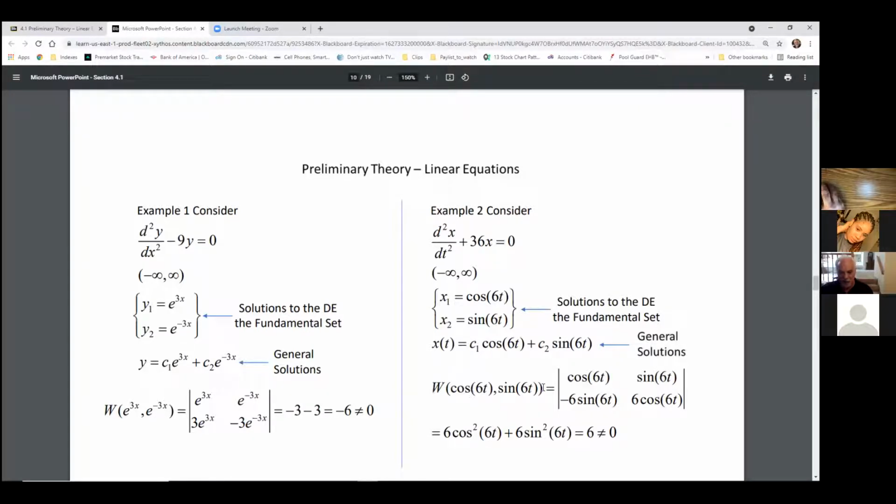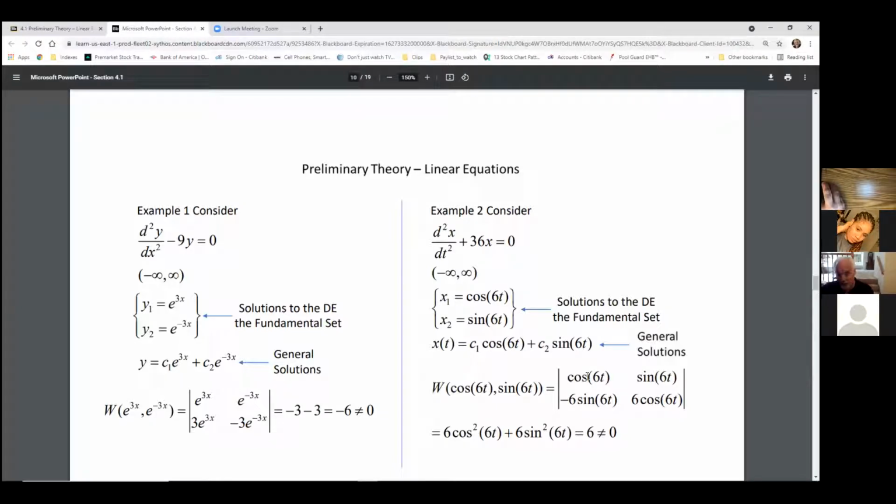And then if I were to calculate the Wronskian, I could see that it's not equal to 0. This is x1, and this is x1 prime, the derivative. This is x2, and the derivative of x2 in this case is 6 times the cosine.